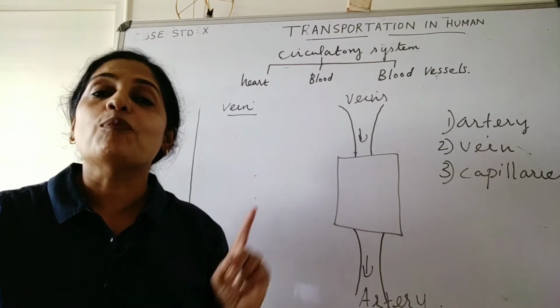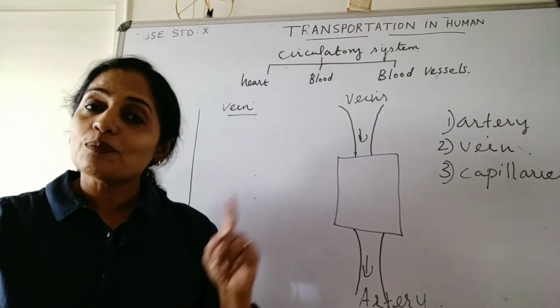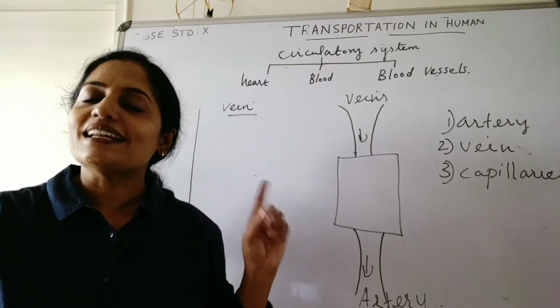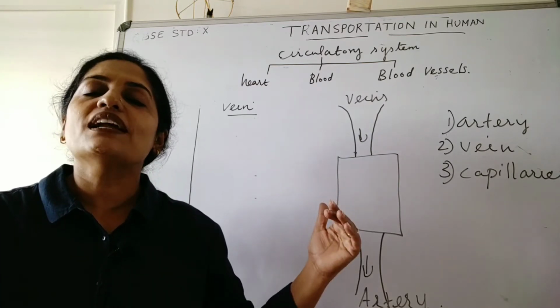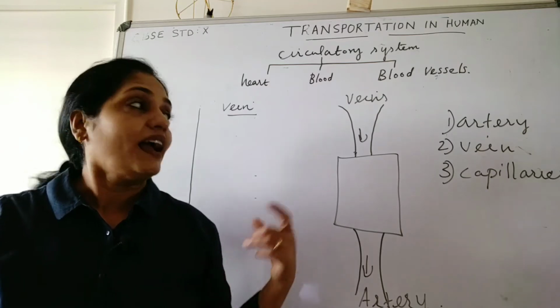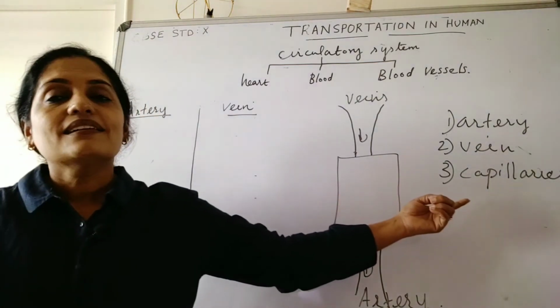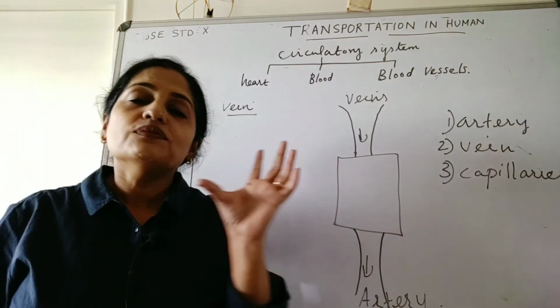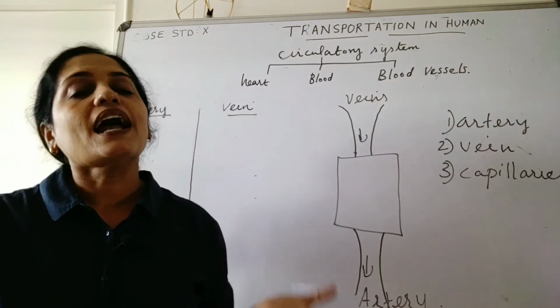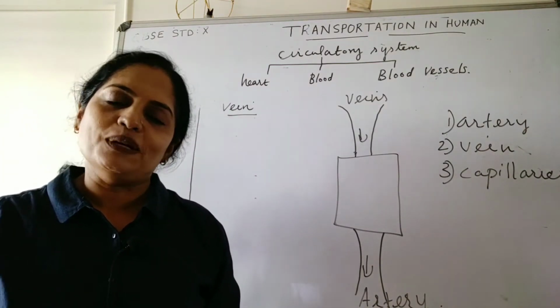What is that? The pulmonary vein. The pulmonary vein is the only vein that carries oxygenated blood from the lungs. And capillaries are the smallest blood vessels; they carry both oxygenated and deoxygenated blood.